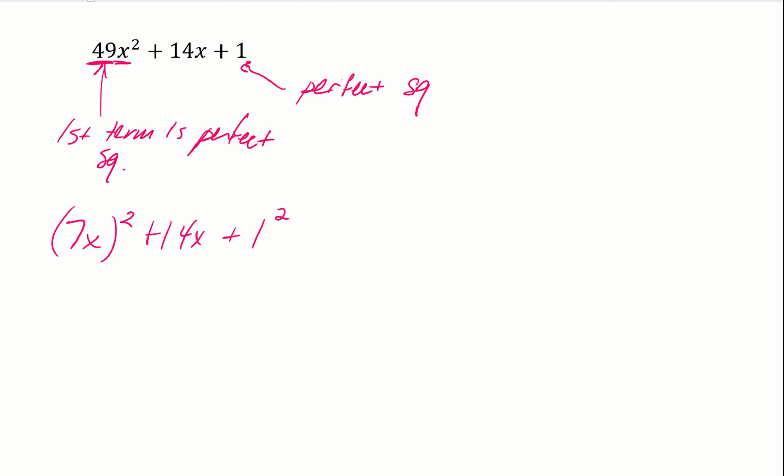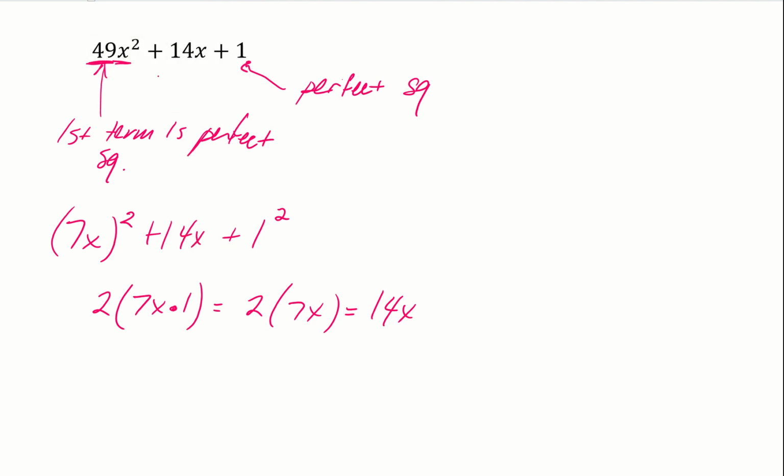So we just have to make sure that our middle term is the product of the first and the last terms times 2. So we would do 2 times 7x times 1, which is equal to 14x. So what this is telling me is that this is a perfect square trinomial.